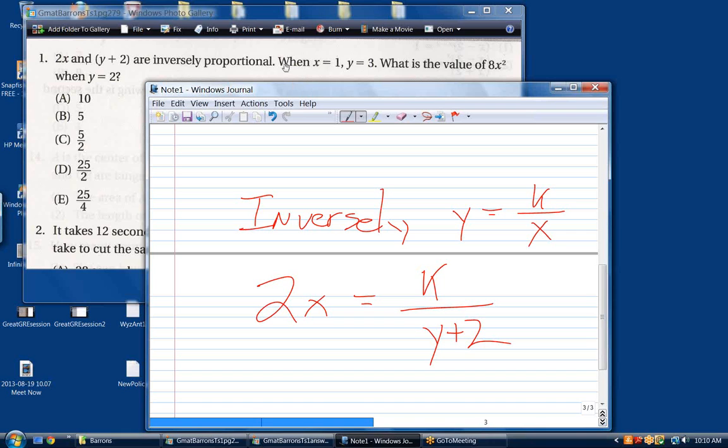Now the next thing they give us is when x is 1, y is 3, and that's going to allow us to solve for k. In other words, when I plug in 1 for x, it'll be 2 on the one side, and then it'll be k divided by 5. So k is equal to 10.